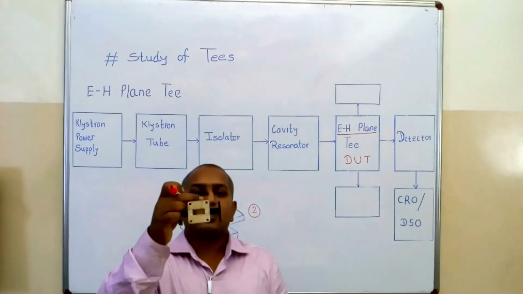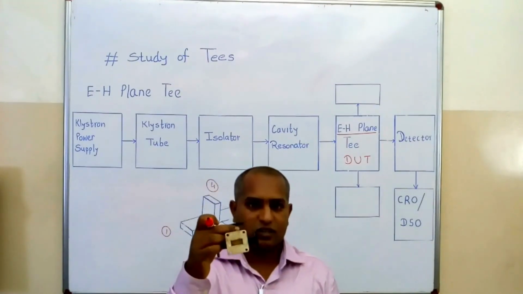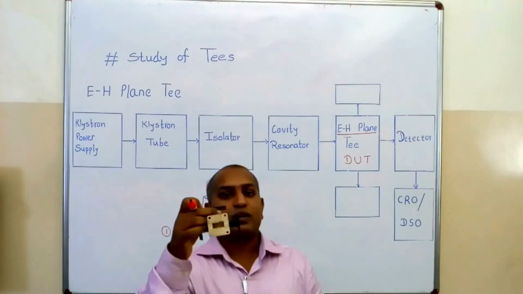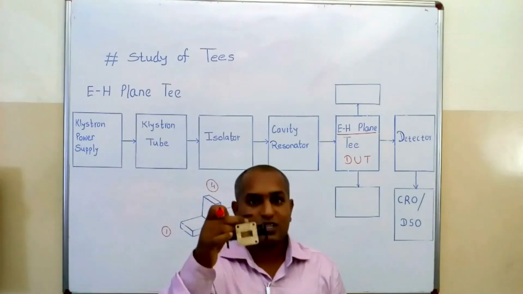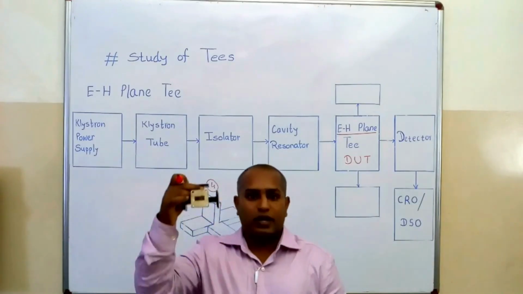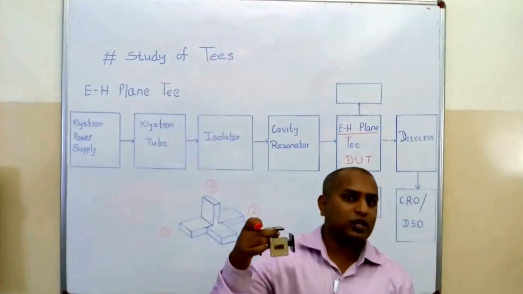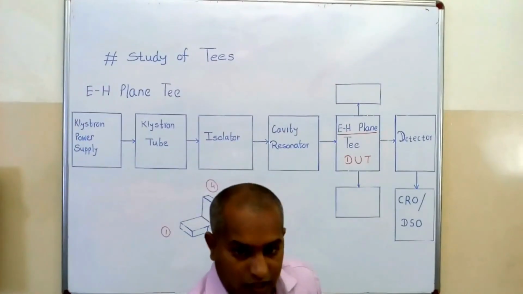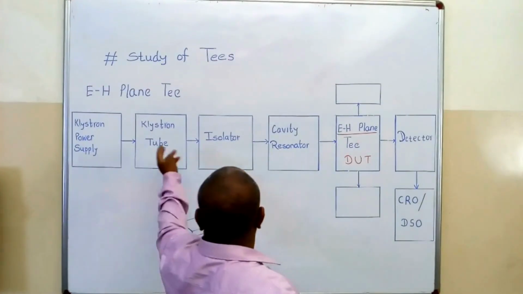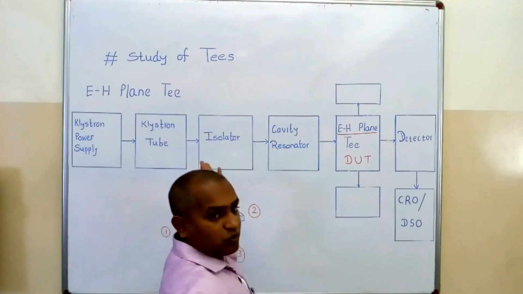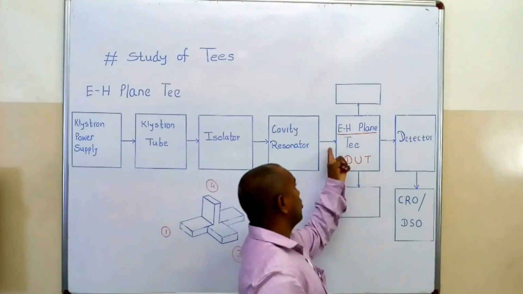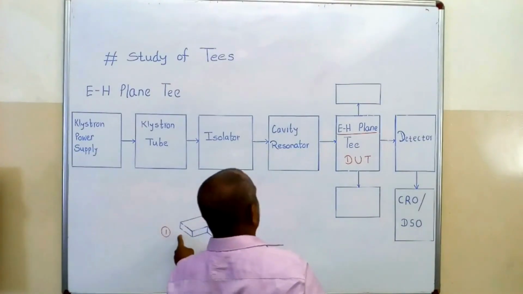EH-plane T is also known as a magic T. And the reason behind the name magic T is its operation. So let us see the operation of EH-plane T and then I will tell you why it is known as a magic T. In our first operation, let us apply some source to your EH-plane T at port number 1, means here.